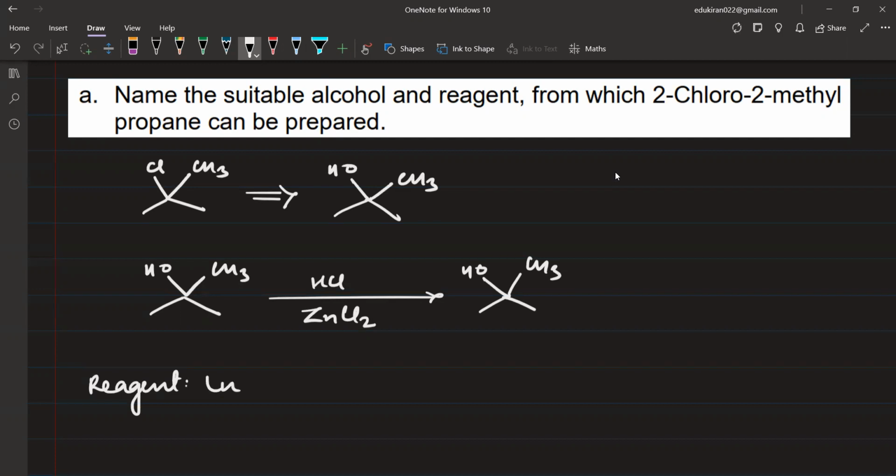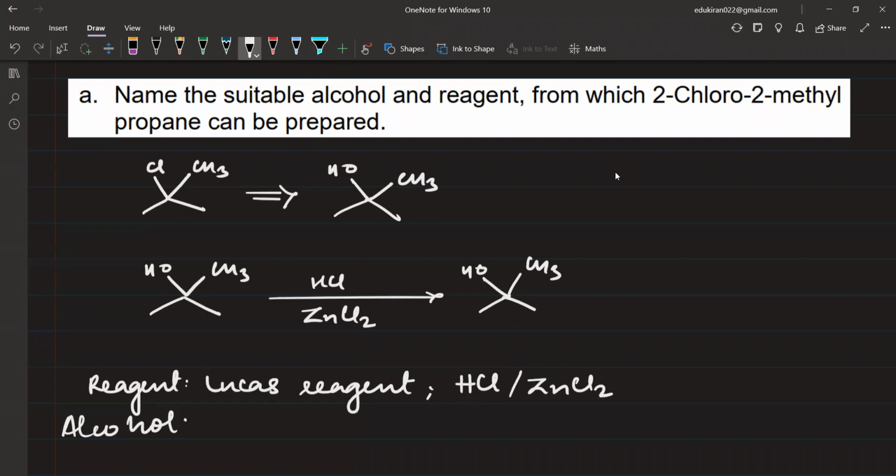Reagent is Lucas reagent, HCl in the presence of ZnCl2, and the alcohol that you are going to use is, what is this? 1, 2, 3. This is 2-methyl propan-2-ol. 2-methyl propane 2-ol.